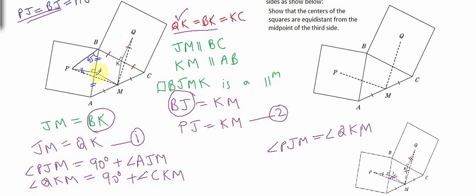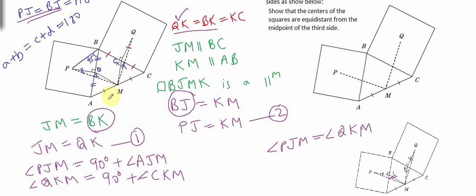That is to say, this angle AJM is equal to this angle CKM. It is easy to prove. One can argue that let this angle be called A, let this be B, let this be C, and let this be D. A plus B is equal to C plus D is equal to 180 degrees, linear pair.